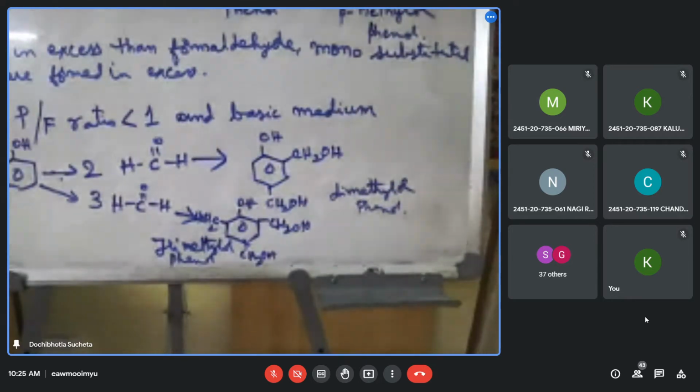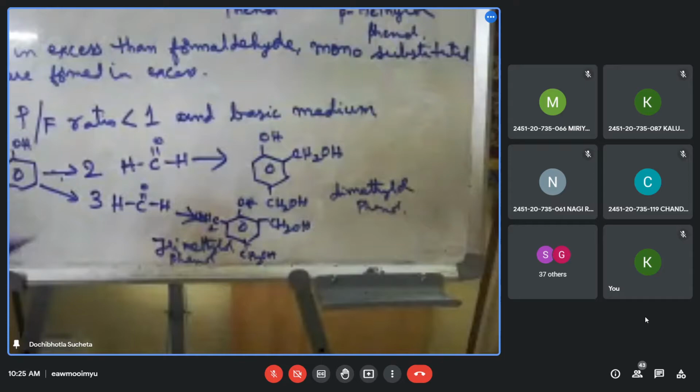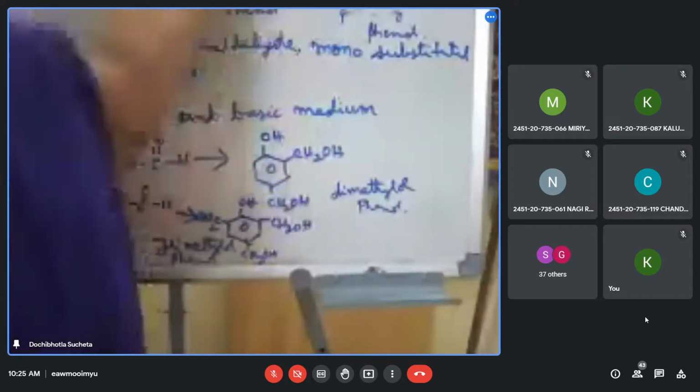Easy? So these methylolphenols are the starting compounds for the polymerization. All right? Since, I'll just rub this away.